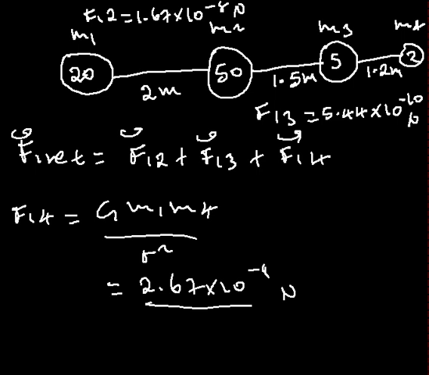So what's the separation distance? That should be 2 plus 3.5 plus 1.2, that is 4.7, and square the separation distance. What would that be?